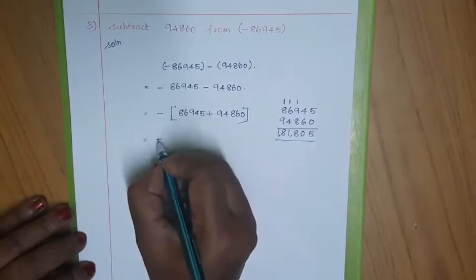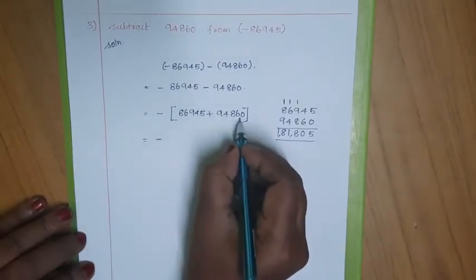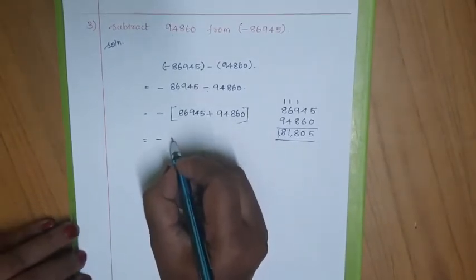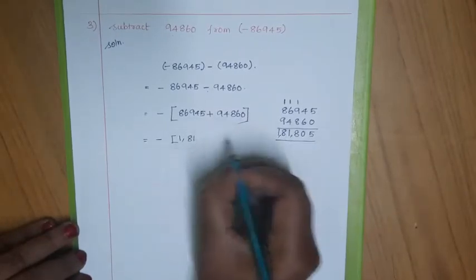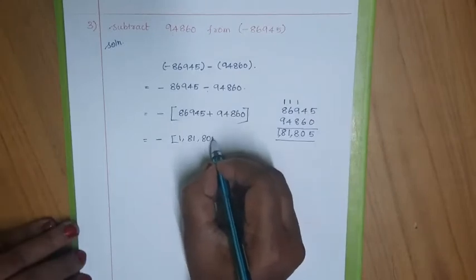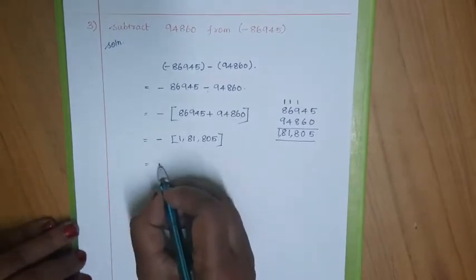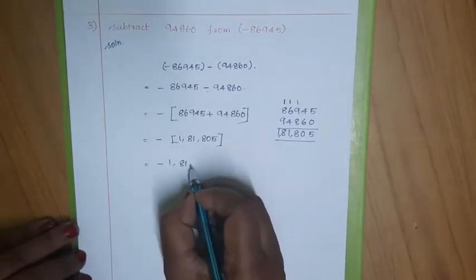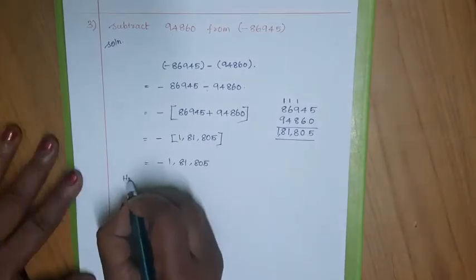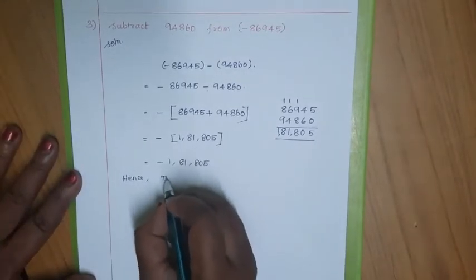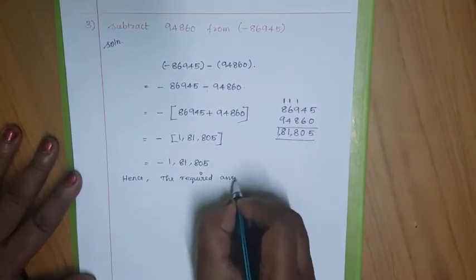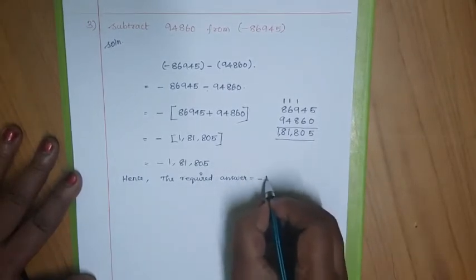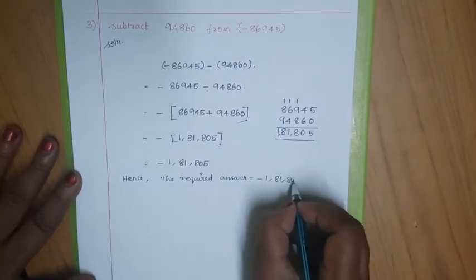Put the negative sign here also, and by adding these two numbers we get the answer as 1,81,805. Hence the required answer is minus 1,81,805.